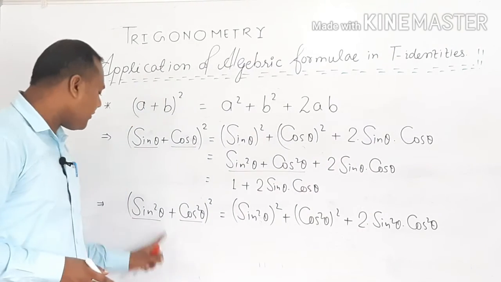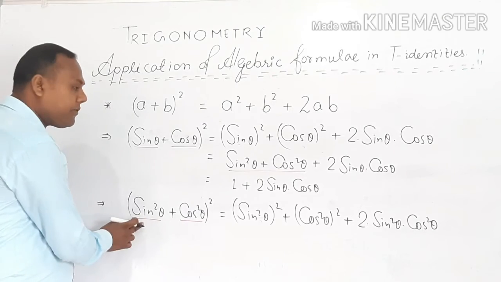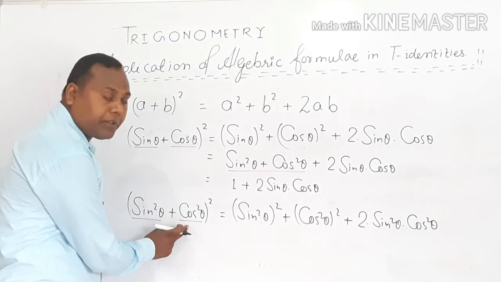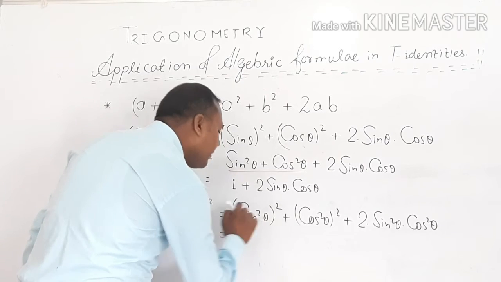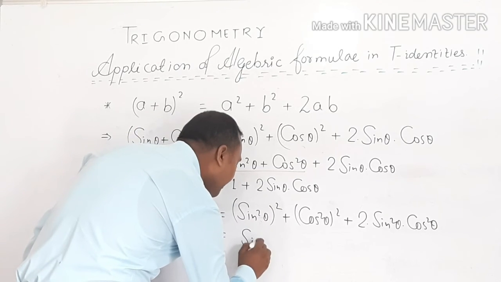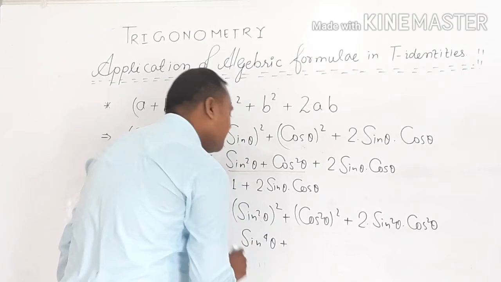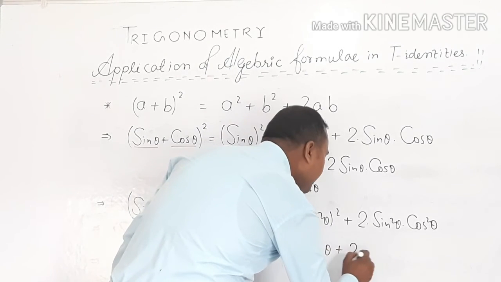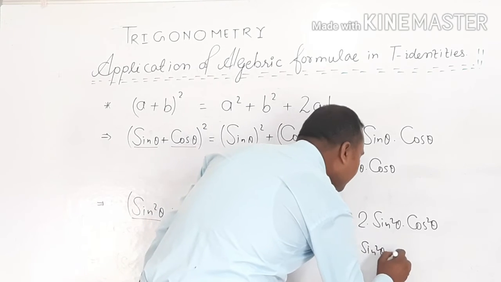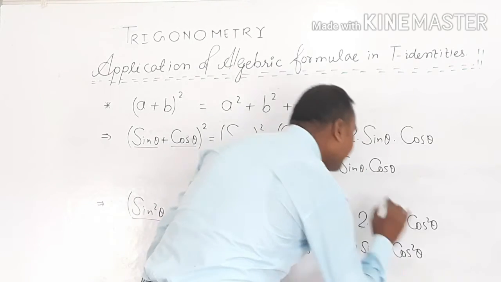Because the first term is sine square of theta and the second term is cos square of theta. So square into square, that means sine to the power 4 of theta plus cos to the power 4 of theta plus 2 into sine square of theta into cos square of theta.